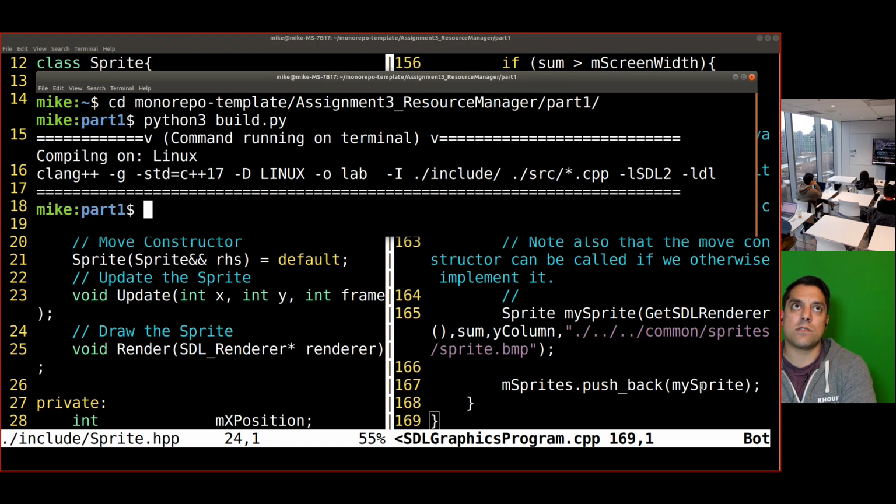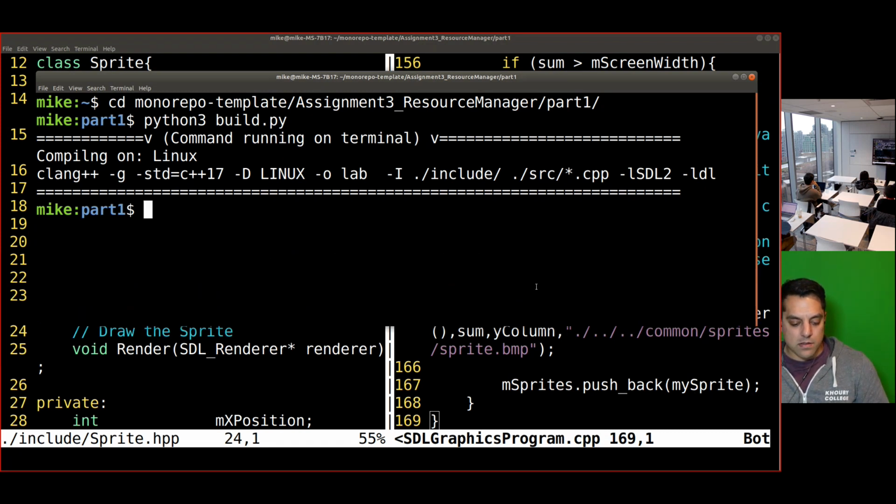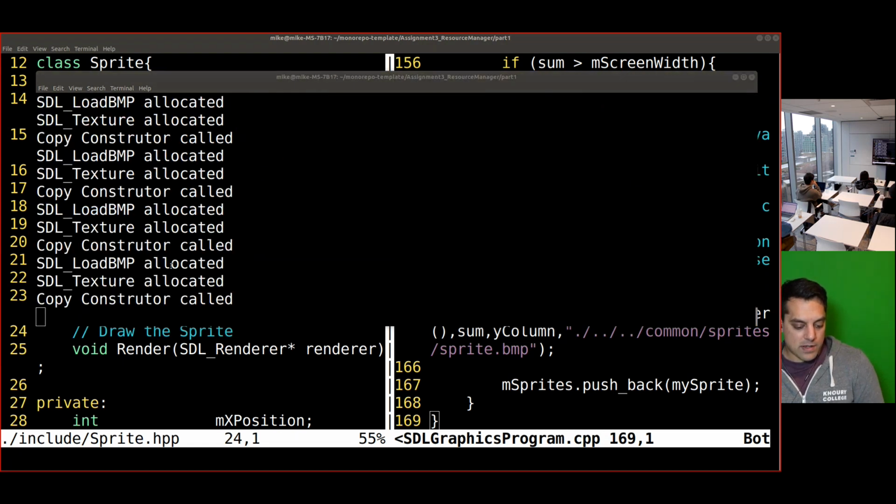I don't know if we can just reserve and then move. That would be the ideal thing, right? Every time we push back, we would just want to double our size, reserve, and then move everything to avoid the copy constructor. Now let's see if it does what we want here. Now this looks like it is just calling. Good.